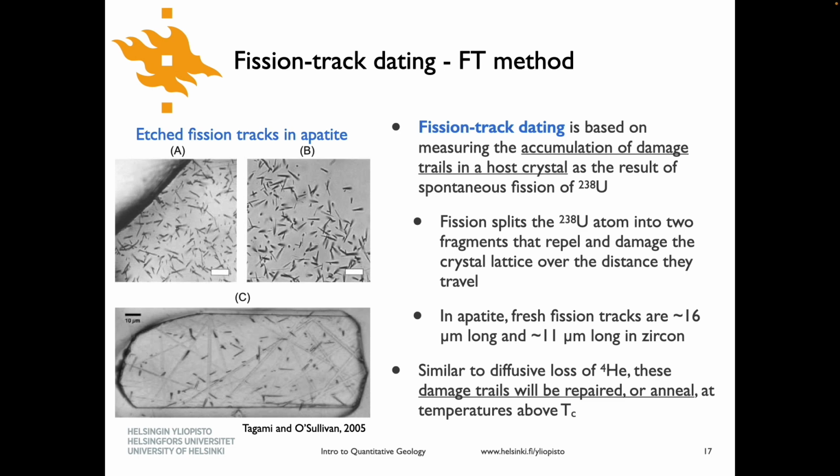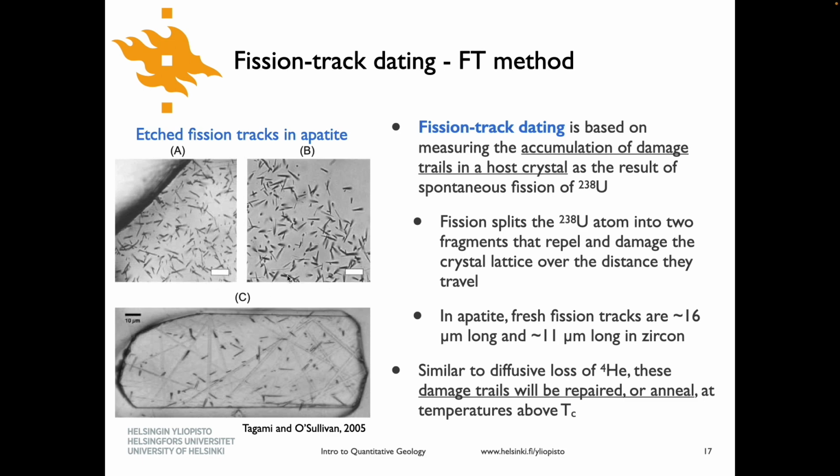So this is basically just the nucleus dividing into two roughly equal parts that are charged and push apart from one another and then make damage trails that are on the order of 16 microns in length in apatite or 11 microns in length in zircon. And these are not visible under a normal microscope without doing a bit of etching, so putting the sample into some acid to make the tracks a little bit bigger so you can see them.